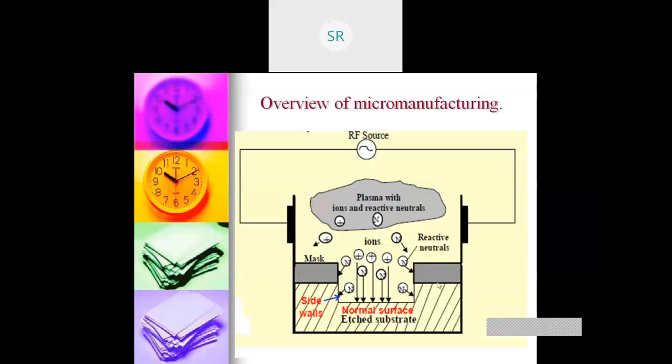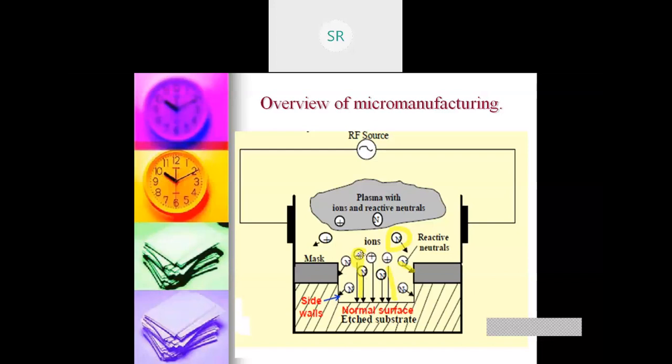Okay, so this is the process. Generating the plasma, adding the reactive gas, reactive chemical, usually Freon, and during the process reactive neutrals are generated. They bombard the side wall, and at the same time they bombard the target normal surface also, whereas the charged ions only bombard the normal surface.